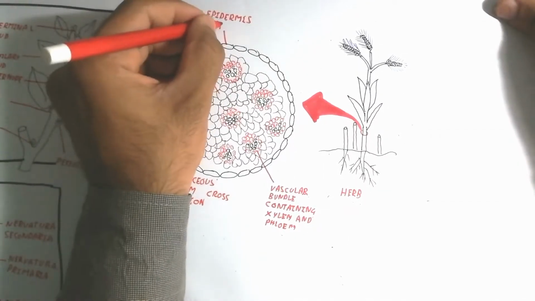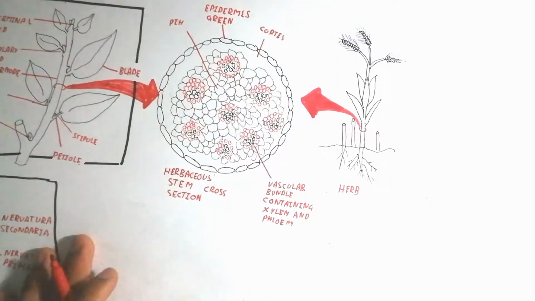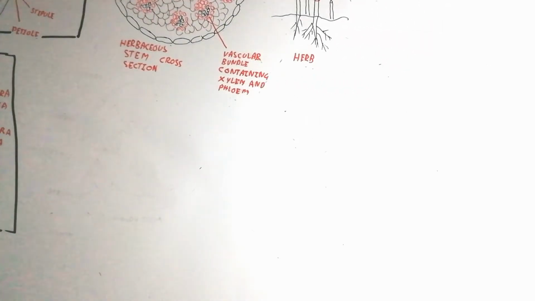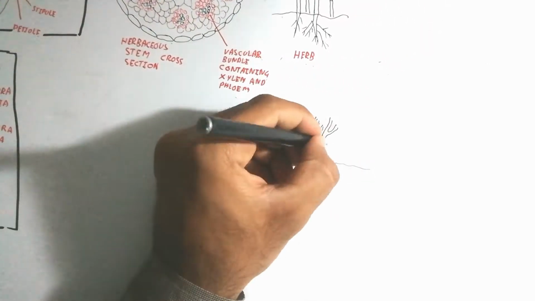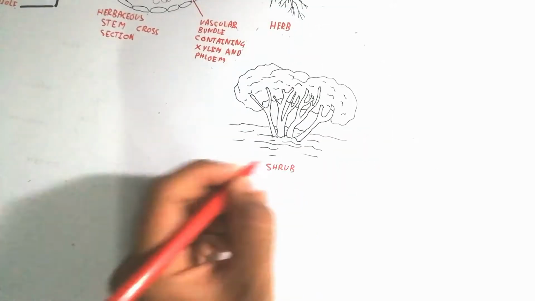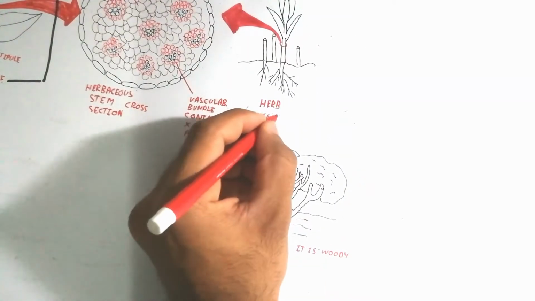Here is the pith, and the vascular bundle containing xylem and phloem. This is the herbaceous stem cross section.